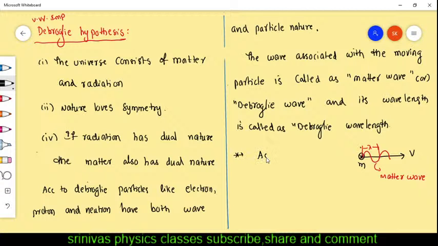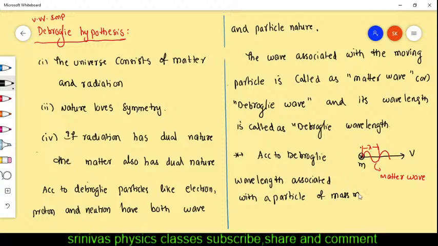Then according to de Broglie, he gave one formula for the matter wave: the wavelength associated with a particle of mass m moving with velocity v. This is the de Broglie hypothesis.